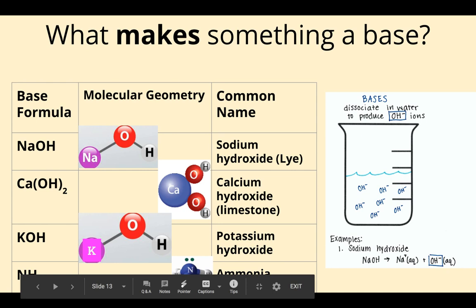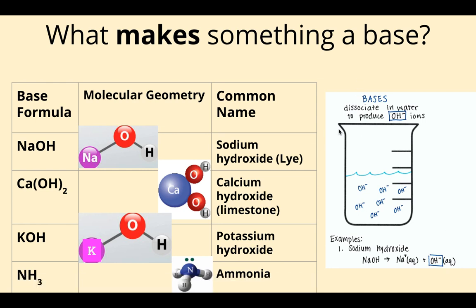The second definition for a base is based on its ability to counteract acids. Remember the definition for acid: something that produces H+ ions. A base is something that can remove H+ ions. If you've ever had indigestion or heartburn, you may have taken an antacid, something like Tums or Rolaids. Those act to remove hydrogen ions.